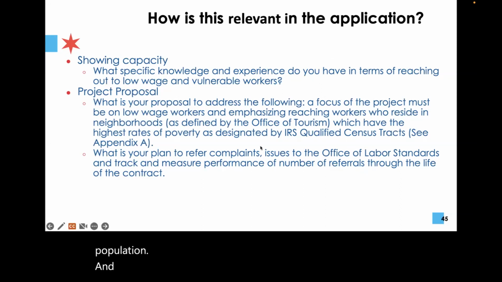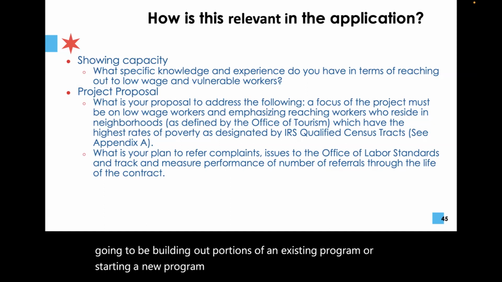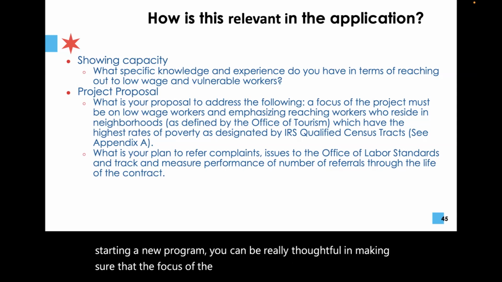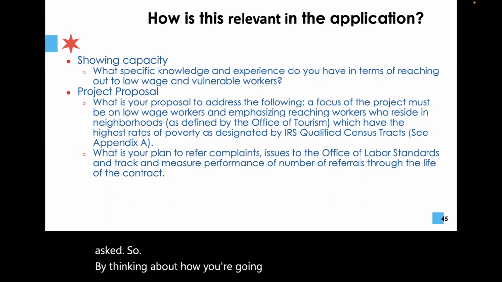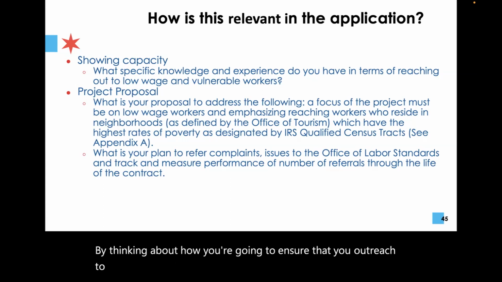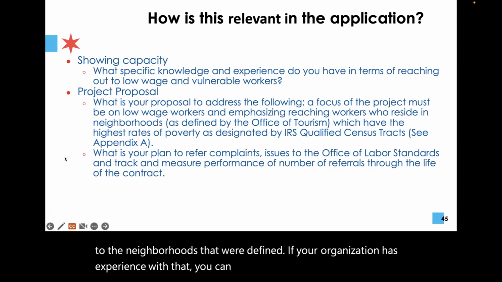And then when you're thinking about what is in the proposal, if you're going to be building out portions of an existing program or starting a new program, you can be really thoughtful in making sure that the focus of the project aligns really well with what's being asked. By thinking about how you're going to ensure that you outreach to the neighborhoods that were defined, if your organization has experience with that, you can integrate that into the proposal.